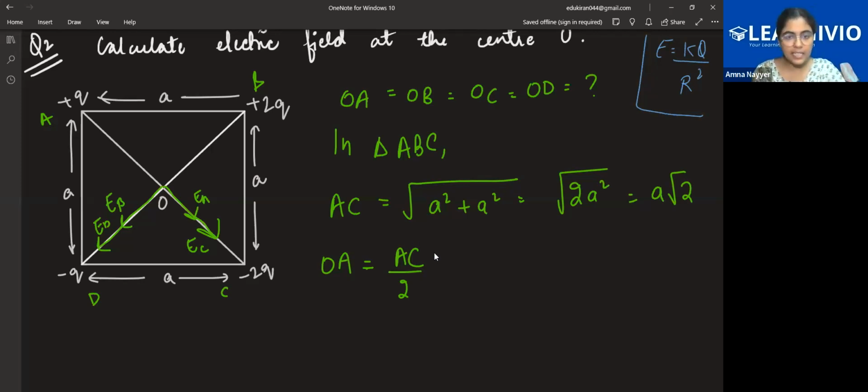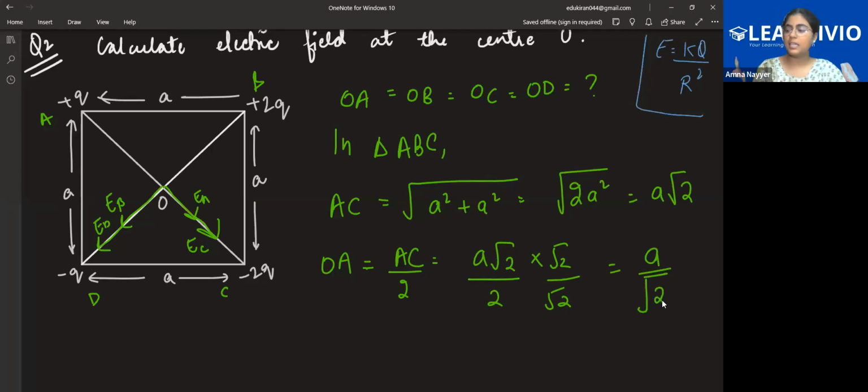AC is the diagonal, so diagonal's half is OA. So this will be a root 2 divided by 2. When you multiply it by root 2 and divide it by root 2 to rationalize it, till here Harsha answered it, a root 2 by 2. So this becomes, 2 will be cancelled, a by root 2.